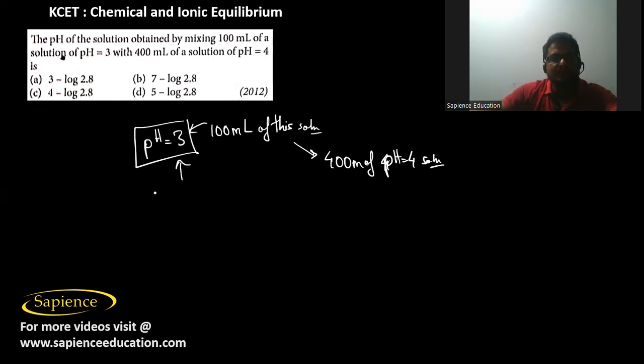So from here, the H plus ion concentration is equal to 10 power minus 3 molar, and from here the H plus ion concentration is equal to 10 power minus 4 molar.